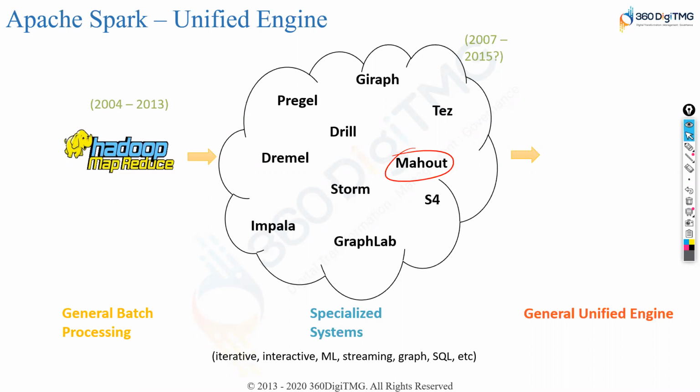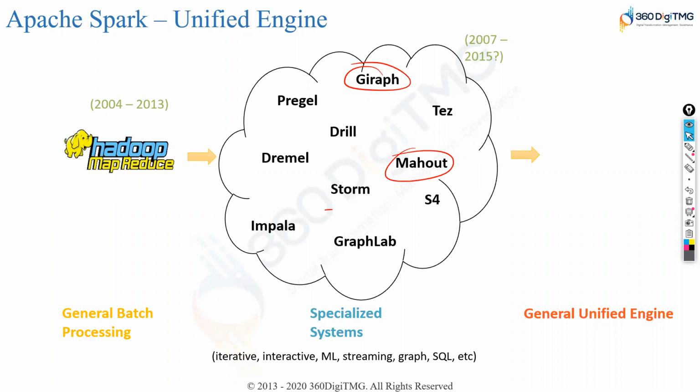Now, there's another requirement for the same client. Let's say he wants to do network analysis, something using Giraph, some transaction.